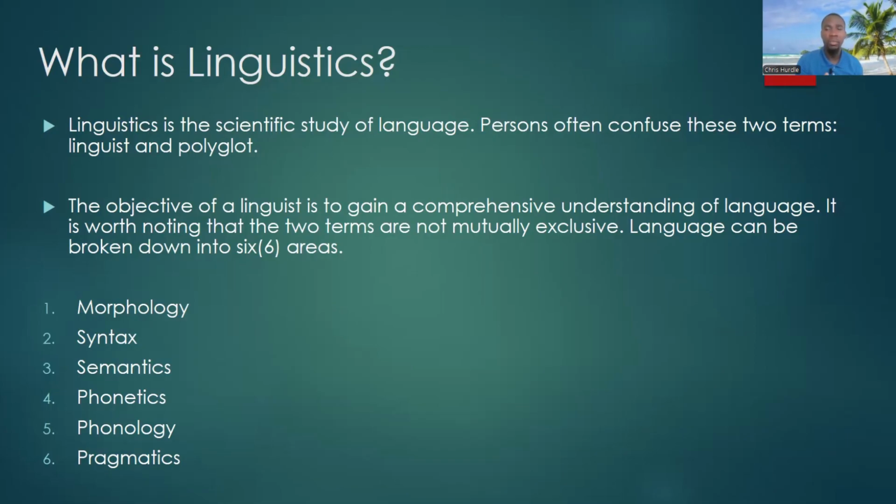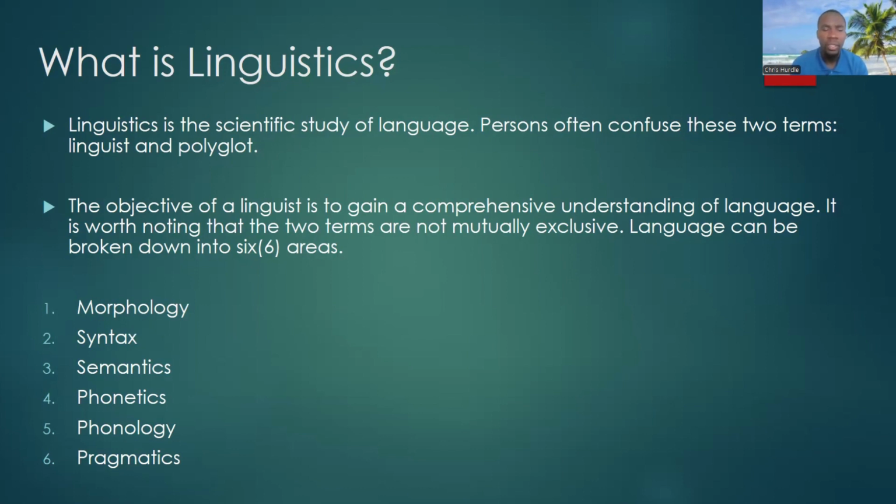So that's where the mutual exclusivity comes in, right? You can be both at the same time, but because you're one does not mean you're the other. Okay? So that's just a common misconception that I wanted to debunk, or I wanted to clarify.